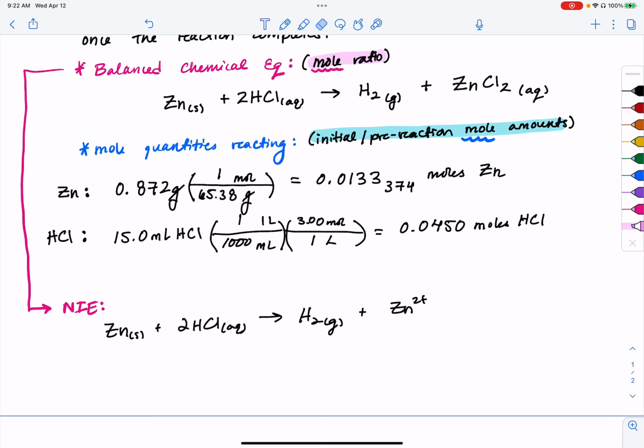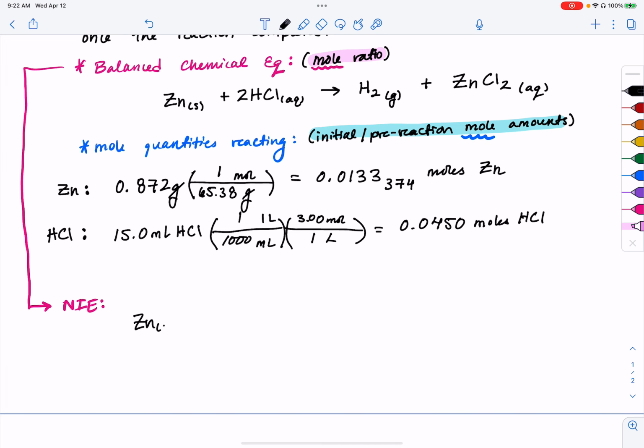Actually, you know what? That's not going to be helpful in this particular example. Ignore what I said. Because then the chloride, no, I think we'll be okay. H2 gas plus ZnCl2 aqueous.